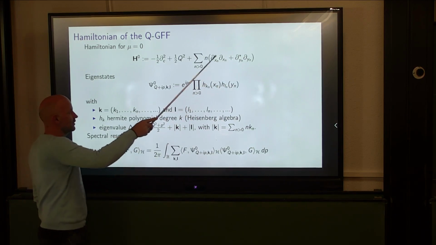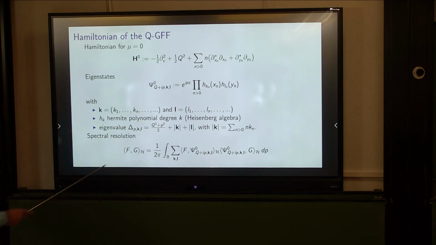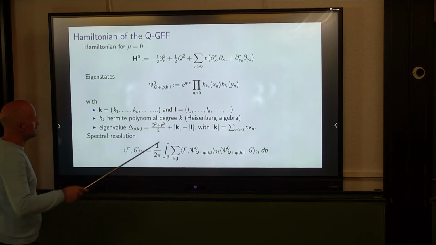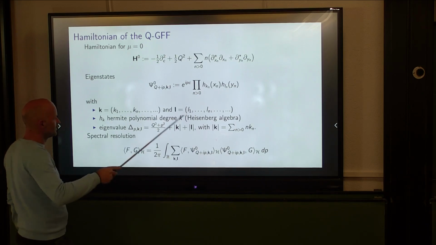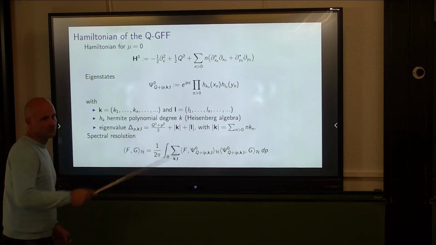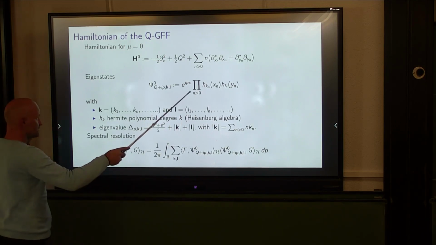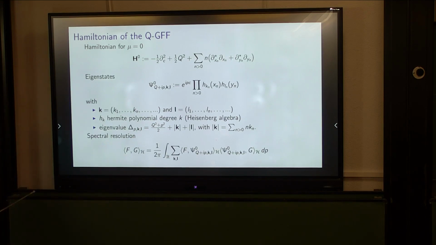For each of these, you have this contribution here. You make the product of all these possible eigenfunctions of the corresponding operators. You just require that the sequence of degrees kn vanishes starting from some range. If you form all these products, you get a complete family of eigenstates for your operator.